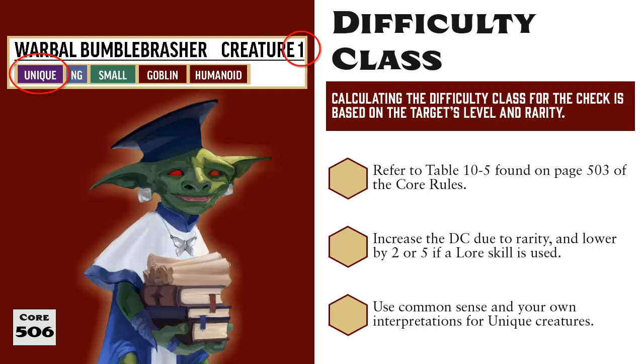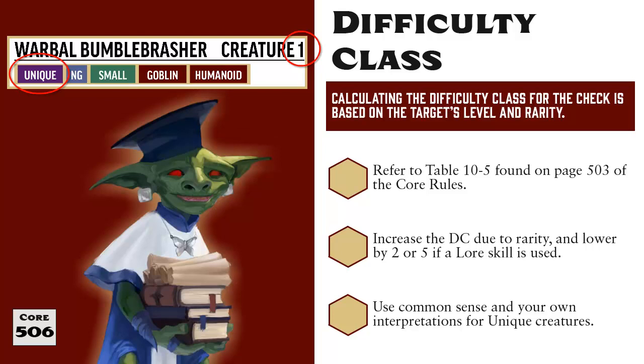And the GM may lower the DC to know that Warble is a goblin due to the standard goblin being a level -1 creature. Again, this is all up to the GM to make a judgment call. The GM also needs to ask themselves, if Warble is a goblin of great renown in the community, then wouldn't it be easier to identify her?